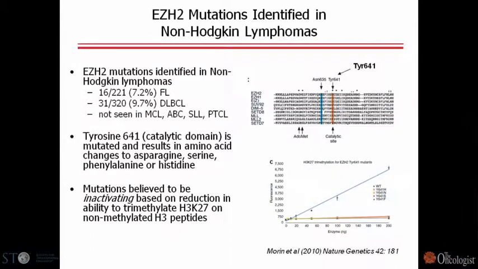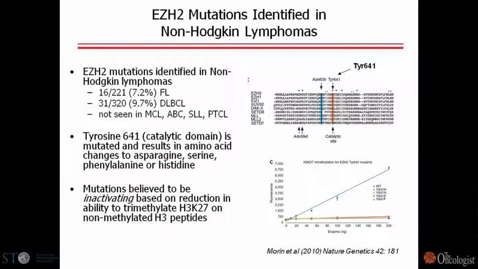There was a paper that came out in January of this year that sort of gave us a little pause in terms of the validity of EZH2 as a cancer target, because what these workers reported was that in about 10% of subsets of non-Hodgkin's lymphoma, follicular and the diffuse large B-cell lymphomas, there was a point mutation in EZH2, always at tyrosine 641, to a variety of different amino acids.